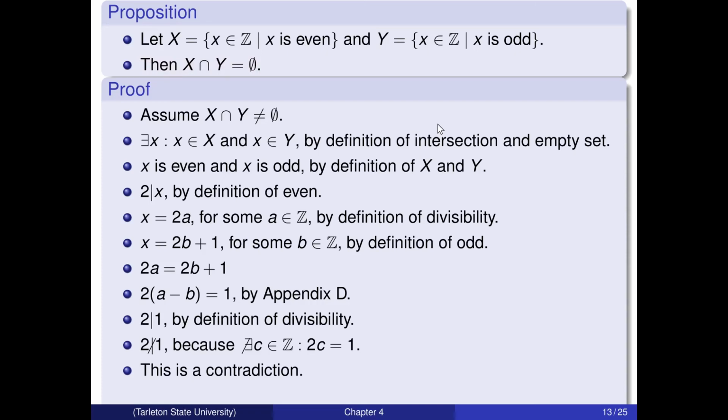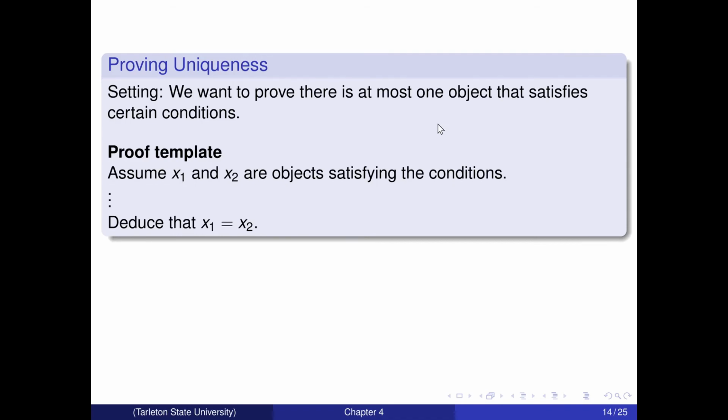Okay, so this is the last type of proof technique that we're going to look at today, and it is, how do we prove that an object is unique? There are situations in mathematics where you have some set of conditions and you want to prove that something satisfies those conditions, but you often want to prove that the object satisfying those conditions is unique. In other words, there's not more than one object satisfying it.